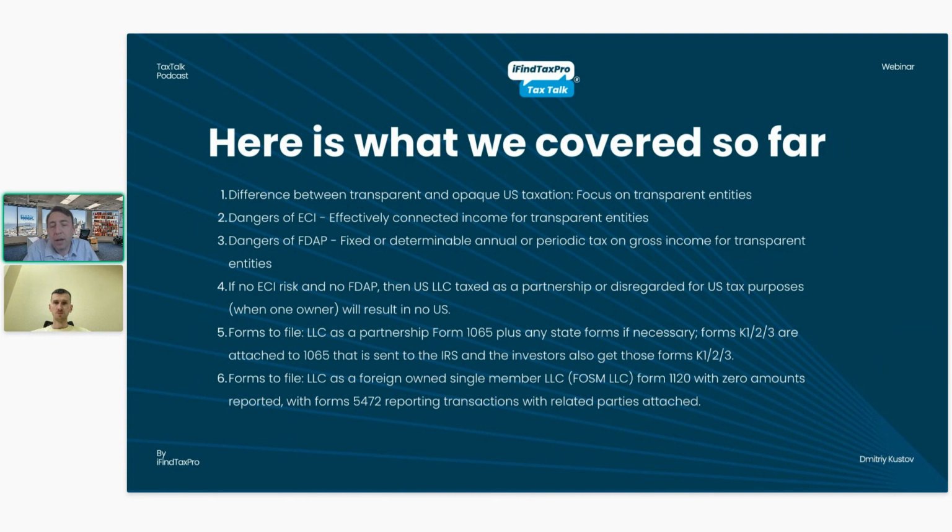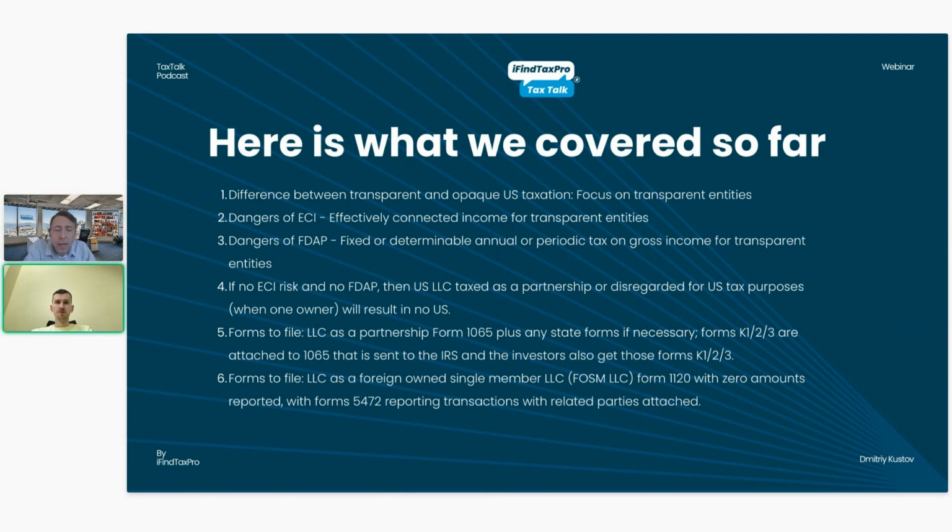Then we did speak about the effectively connected income and its dangers, and the need to stay away from it. Another part is FDAP, fixed, determinable, annual or periodic tax on gross income for transparent entities, also a risk to be aware of. And then we talked about when it might make sense to be a transparent entity. We're going to talk about it today again, once we compare the two of them a little more closely.